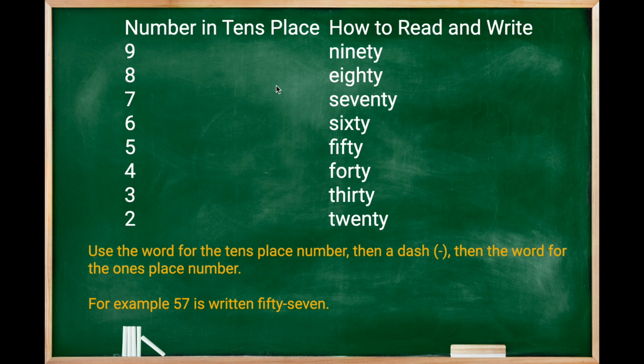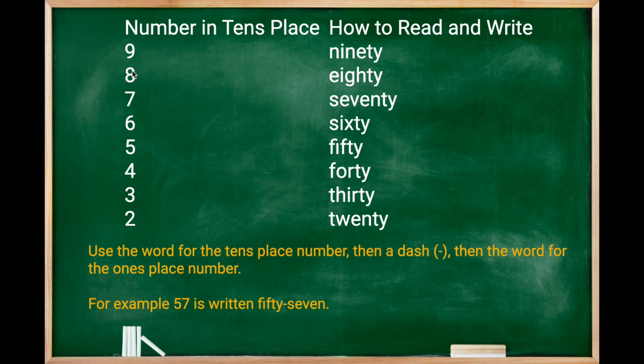Some numbers have exceptions, like 2. 2 is not read as 2T, it is read as 20. And 10 also has an exception, the 10 numbers, or teen numbers as we call them. We will look at those numbers in a few minutes.